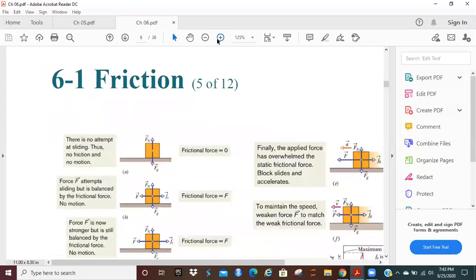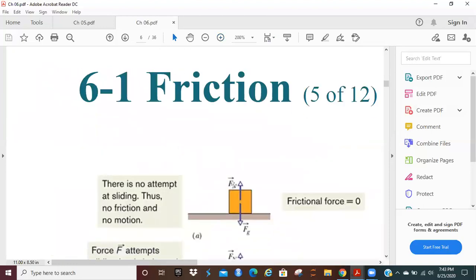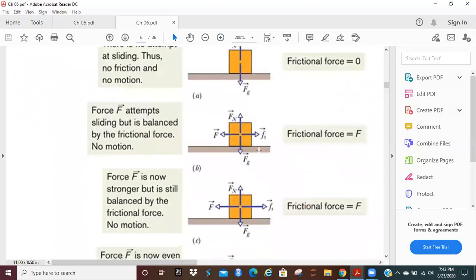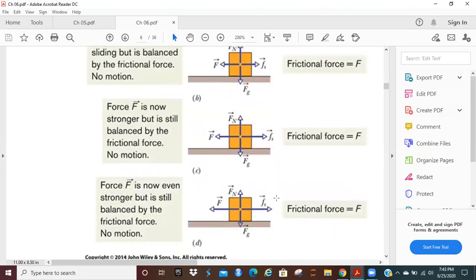And if I can magnify this even more, that frictional force is the static frictional force. If you'll notice, from B to C here, these vectors start to become bigger, which means that more and more force is applied. As more and more force is applied, the static frictional force becomes stronger as well.